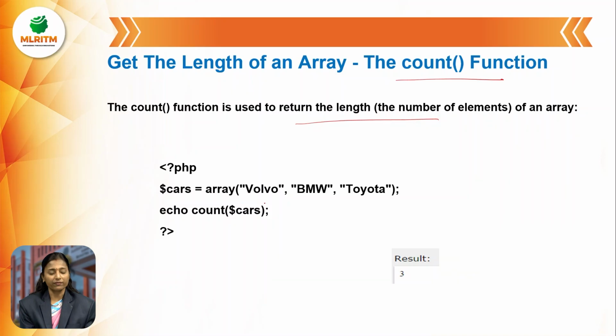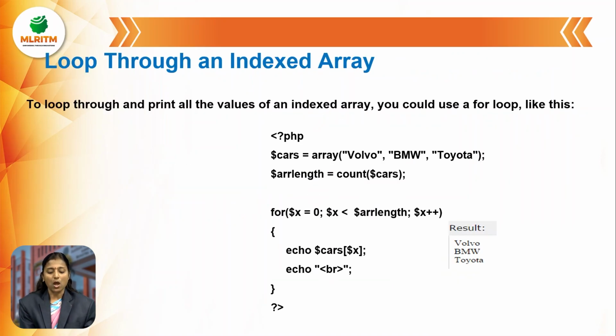Here echo count function. Then next is how the loop will be taken by using this indexed array. How the loop, for example, $arrlength is equal to count($cars). For $x = 0, $x less than $arrlength, $x plus plus. Then echo $cars[$x]. These cars will be printed by using this condition. Echo break. Here how much length has been taken? What is the length? That is 3. 0 is less than 3. Then what is the output we are getting?